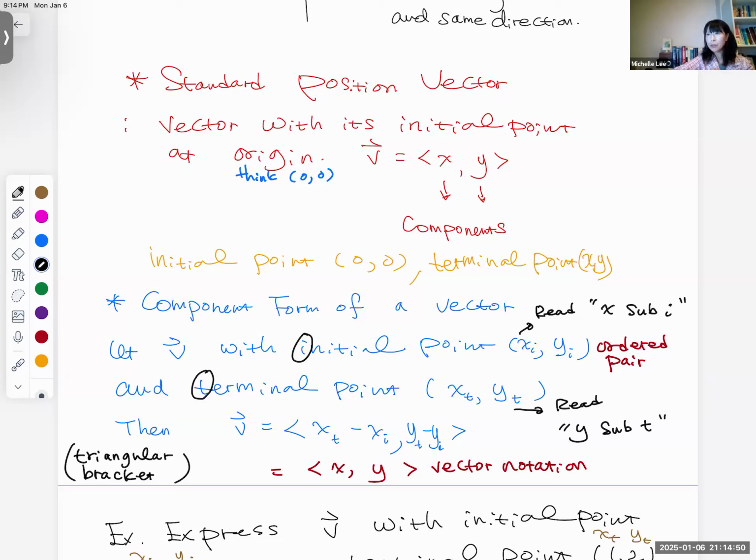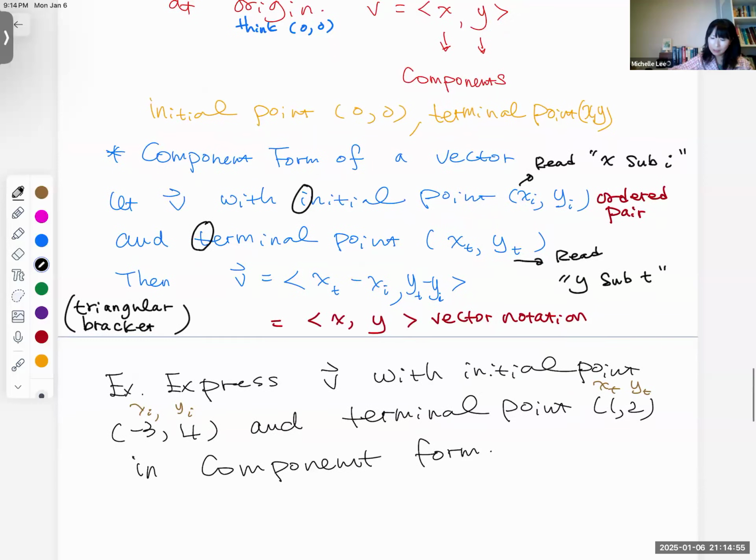Okay, let's calculate this one. Express vector v with initial point -3 and 4, and terminal point 1 and 2 in component form. Then we have to make a vector notation, triangular bracket, right? That's the component form. Okay, then we just use the formula, which is that, right?